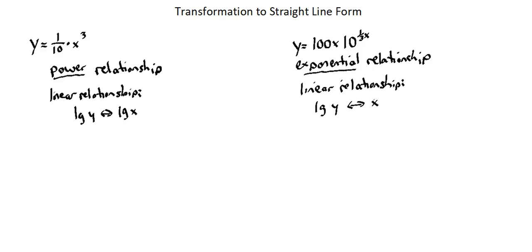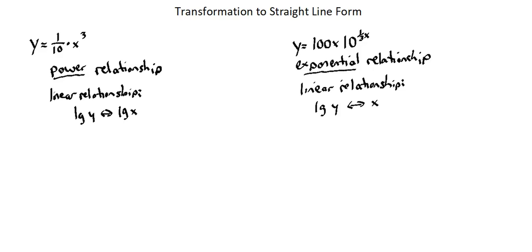So the significance of this notation is that you want to be able to recognize the first function example as a power relationship between y and x, the second example as an exponential relationship between y and x, so that you can anticipate what kind of linear relationship you will see when you complete the transformation to straight line form.